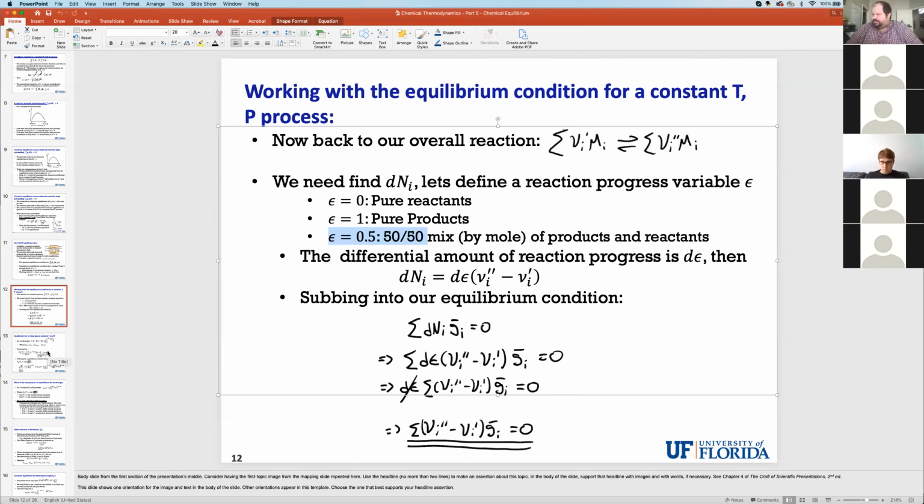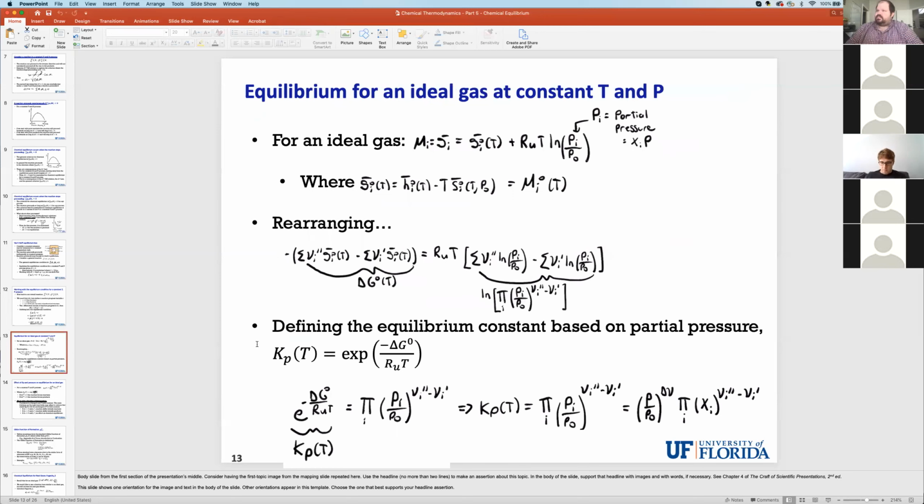Now, what do we do with this? Well, now we need to start assuming our equation of state. So I'll just recap how we do this for an ideal gas. For an ideal gas, we have the chemical potential, which is equal to the partial molar Gibbs free energy. That is equal to this term here, g_i naught-bar of T. That is called the standard Gibbs free energy.